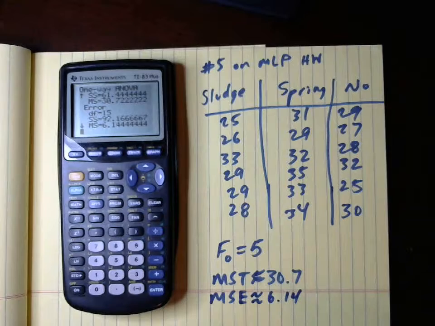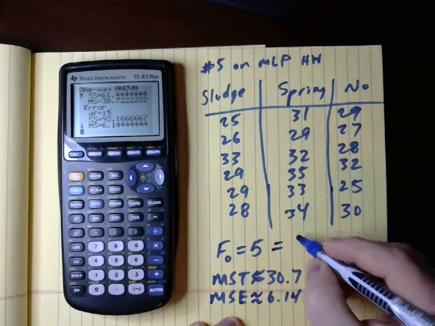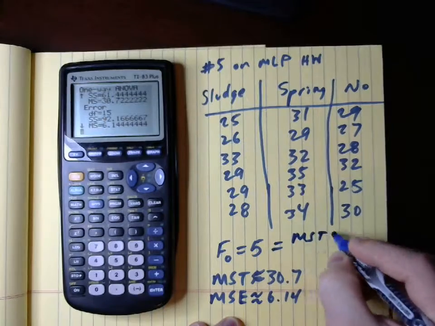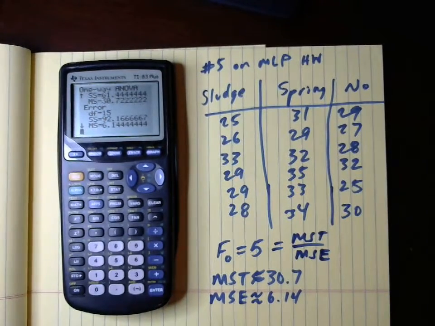These two values, the MS from the factor and the MS from the error, are used to calculate our test statistic, which is equal to MST divided by MSE. We'll get to that when we break down the calculations more. But as you can see, 30.7 divided by 6.14 would be 5. It might be a little off because I rounded the values.